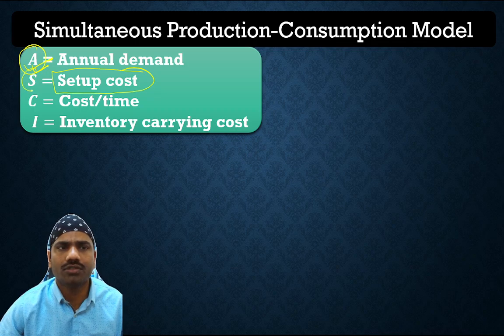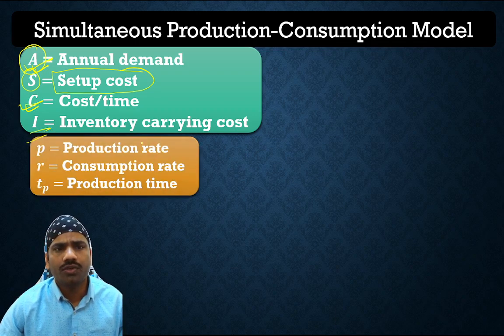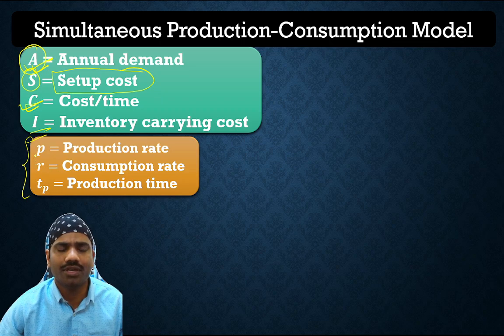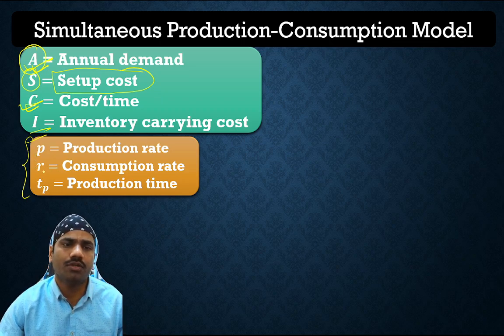We have another cost, the actual cost per unit of the product, which is C. And we have the inventory carrying cost, I. We also have three terms: the production rate, the consumption rate, and the production time.